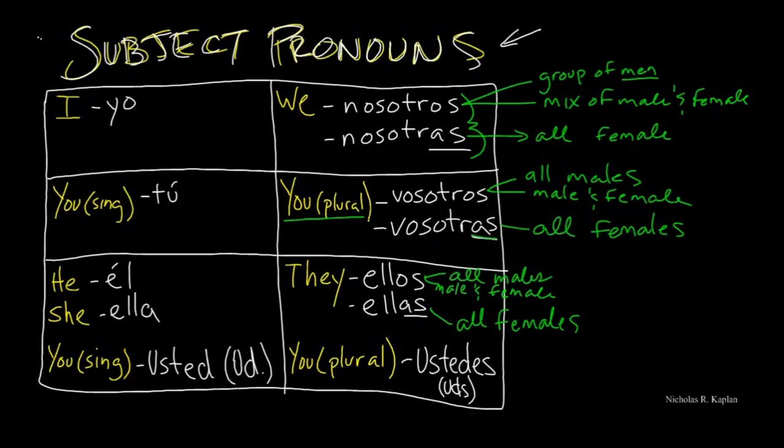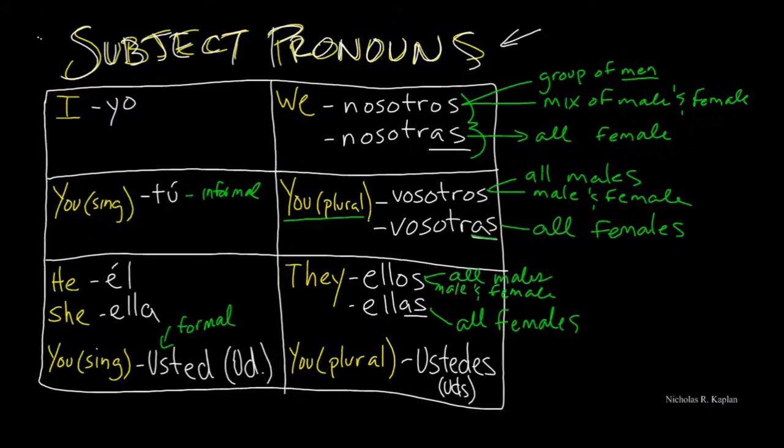Okay, so that's the first thing that we need to know. With our nosotros, our vosotros, and our ellos, we have to look at what kind of group of people that we have. The second thing we need to take a look at is we have a way to say you and a way to say you.